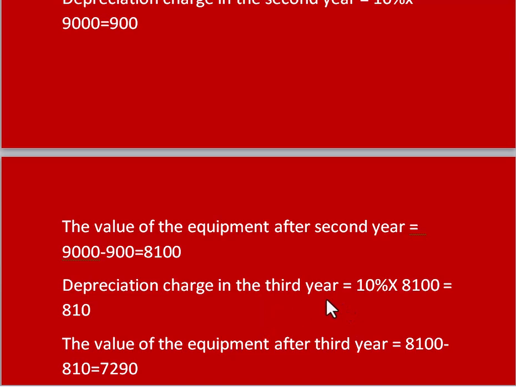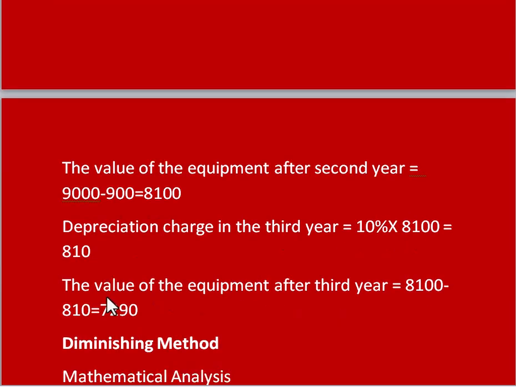Similarly, the depreciation charge in the third year is the value of the equipment after the second year into the rate of depreciation charge, that is 10%, that is 810 rupees. Then next, the value of the equipment after the third year. This is the depreciation in the third year, whereas this is the equipment value after the third year.